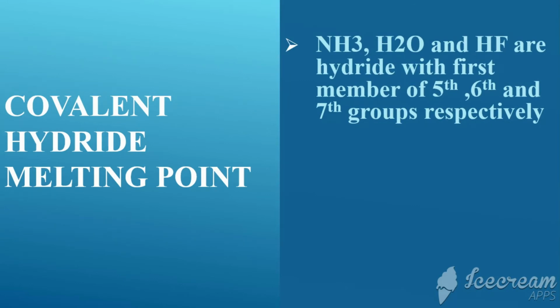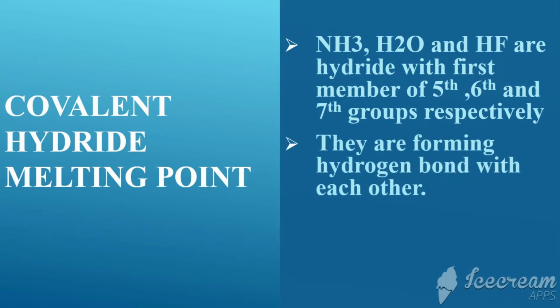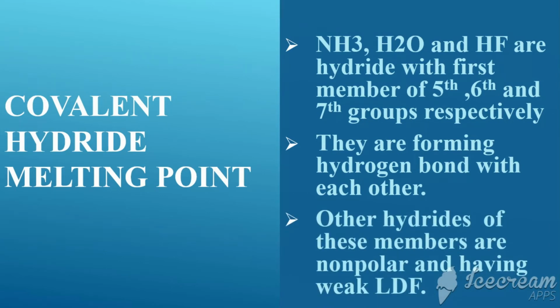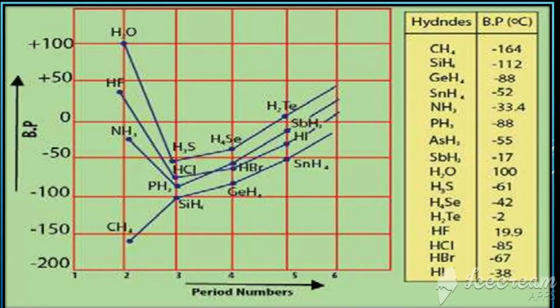Now we are discussing melting point. Ammonia, water and HF are hydrides of 5th, 6th and 7th group, but they are first members of their group. They all form hydrogen bonds with each other, while the other members of these groups form non-polar hydrides, so they have weak London dispersion forces.